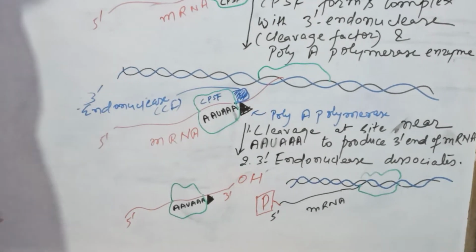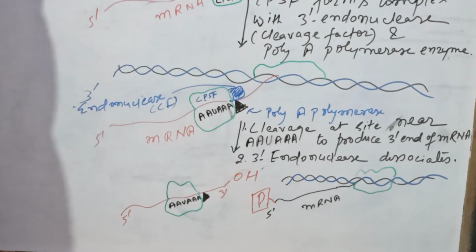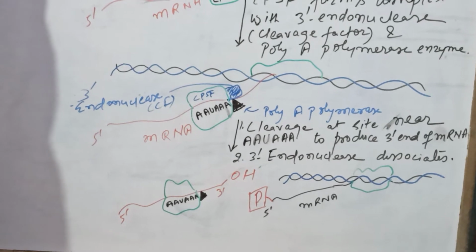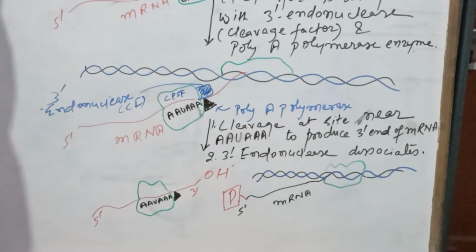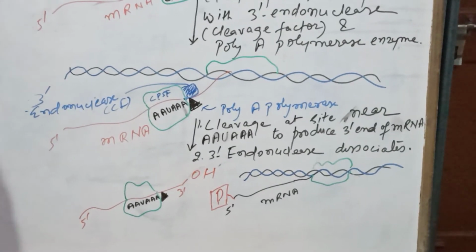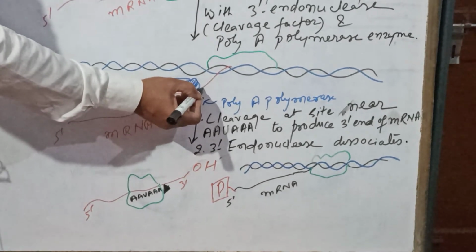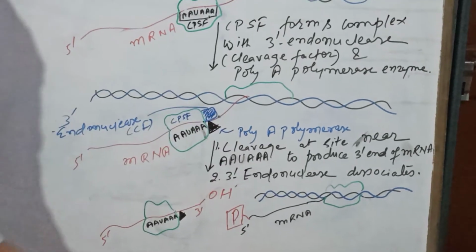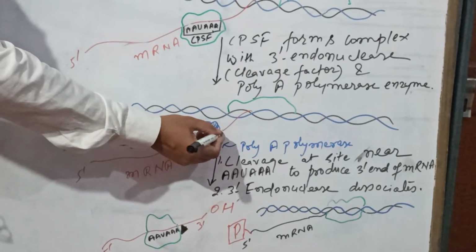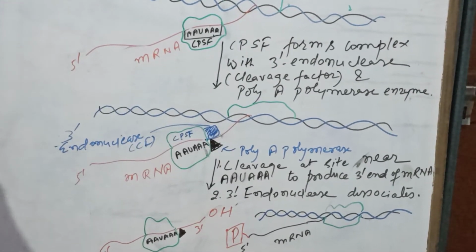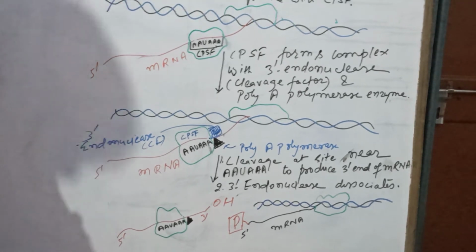The cleavage would normally happen at the terminal end of the mRNA, but for formation of the poly-A tail, the cleavage happens at a site near the consensus sequence.